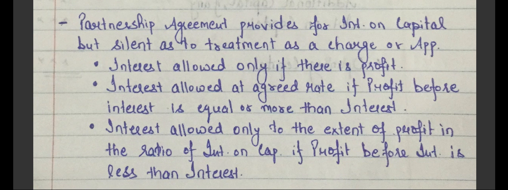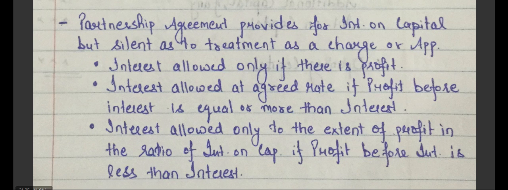It says interest allowed at agreed rate if the profit before interest is equal or more than interest. Clear? That is the first case. Second case is interest allowed only to the extent of profit in the ratio of interest on capital. That is, if the profits before interest is less than interest.